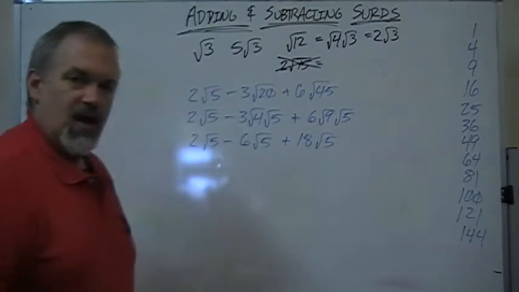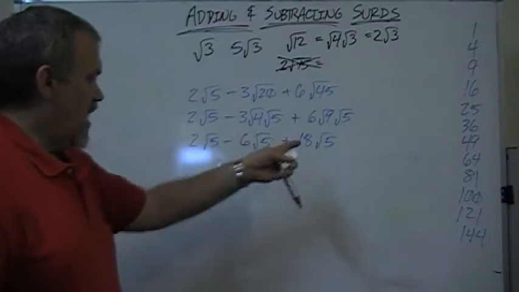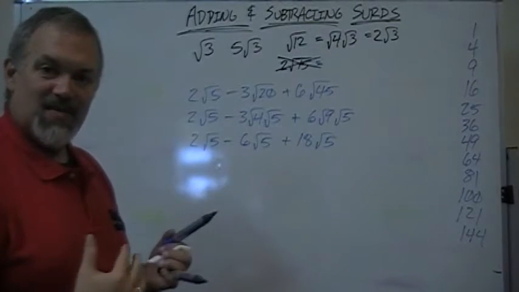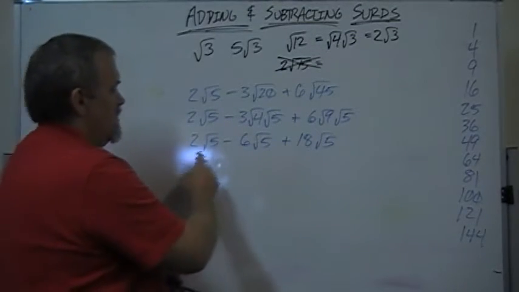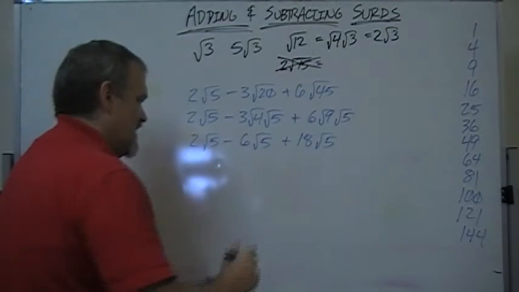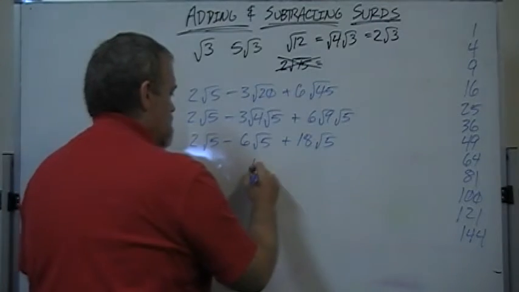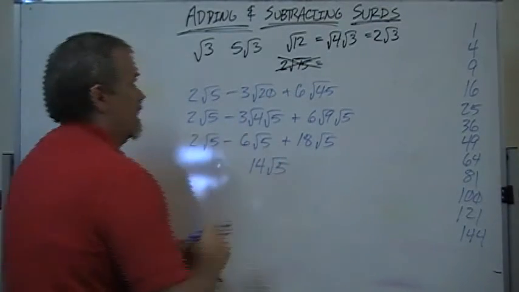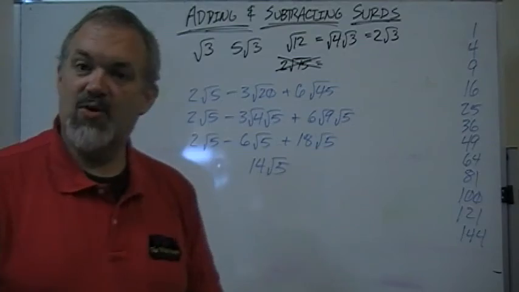Now what do I have? I have 3 like surds, and I can add and subtract those. 2 take away 6 is minus 4 plus 18 is 14 root 5. And that is adding and subtracting surds.